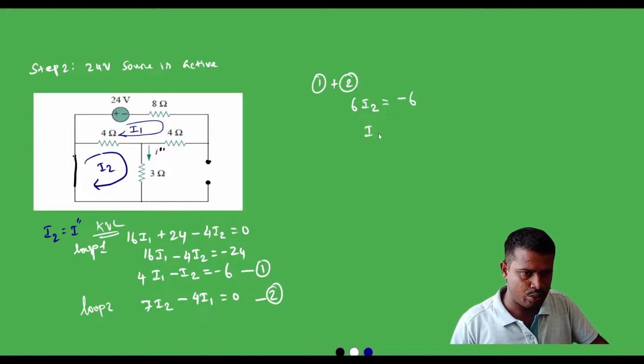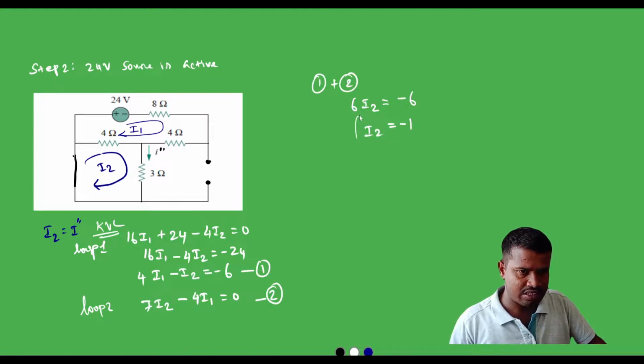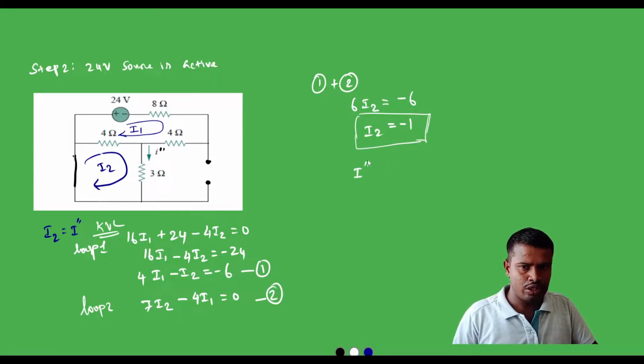So I2 is equal to minus 1, and we can say that I double prime, when the 24 volt source is active, the current flowing through the 3 ohm resistor is negative 1.